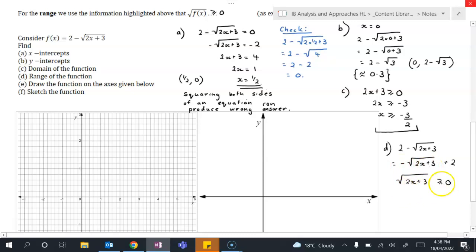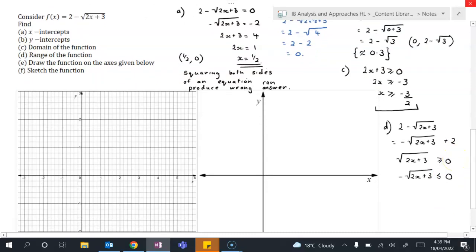Now when I multiply both sides of my inequality by negative 1, the sign gets reversed. So negative square root of 2x plus 3 will be less than or equal to minus 1 times 0, which is just 0. And so now if I add 2 to both sides, negative square root of 2x plus 3 plus 2 will be less than or equal to 0 plus 2, so less than or equal to 2. And so my range is that y is less than or equal to 2.